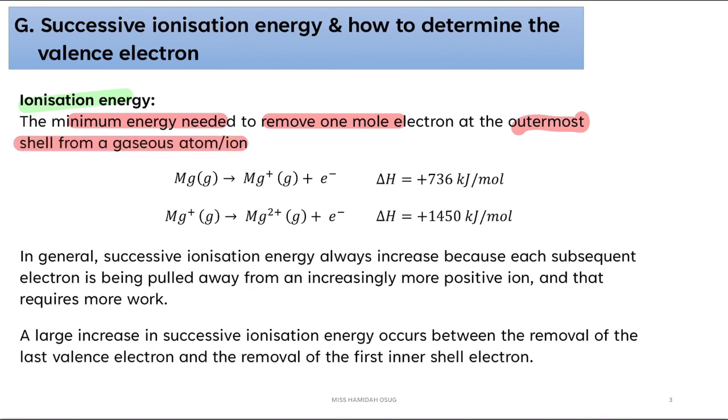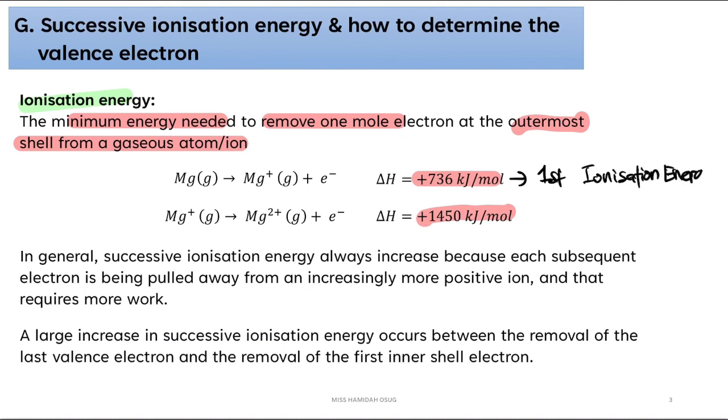When we look at the example of ionization energy, positive 736 kilojoules per mole is the first ionization energy required, and positive 1450 kilojoules per mole is the second ionization energy required.